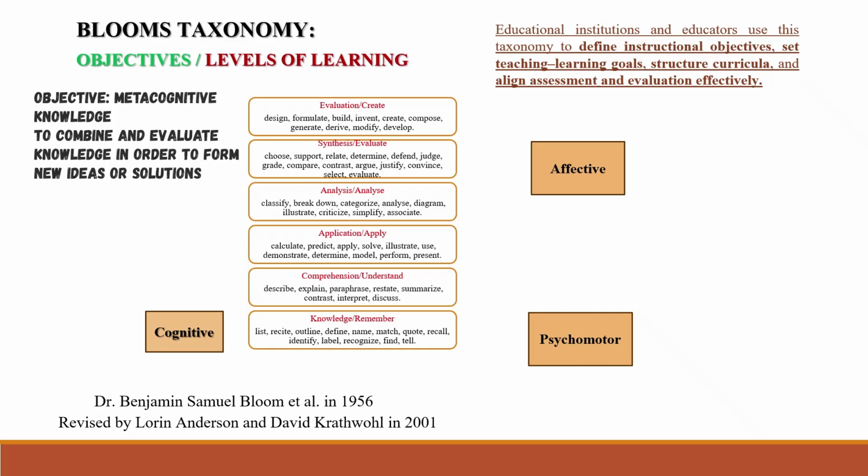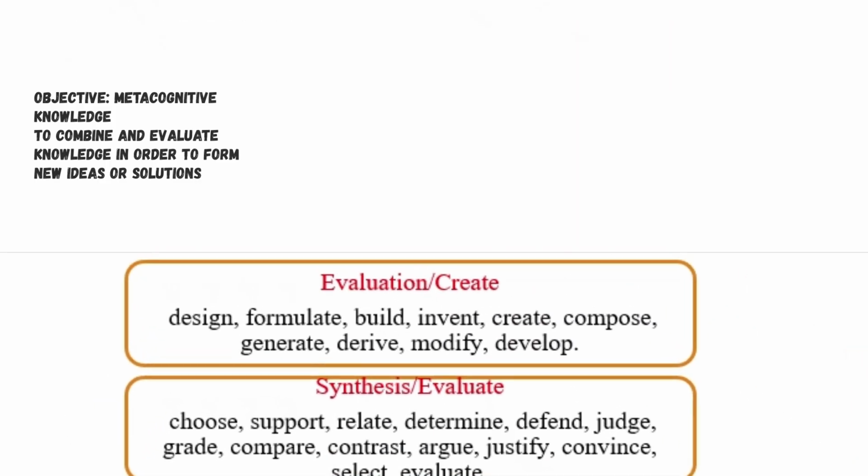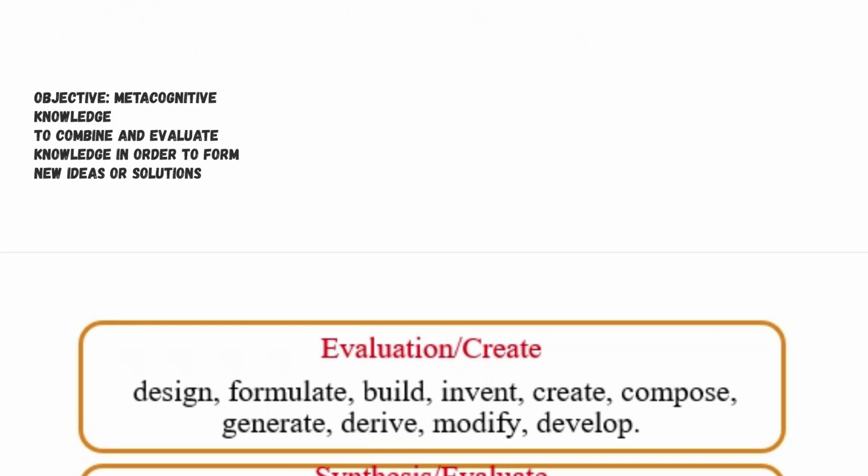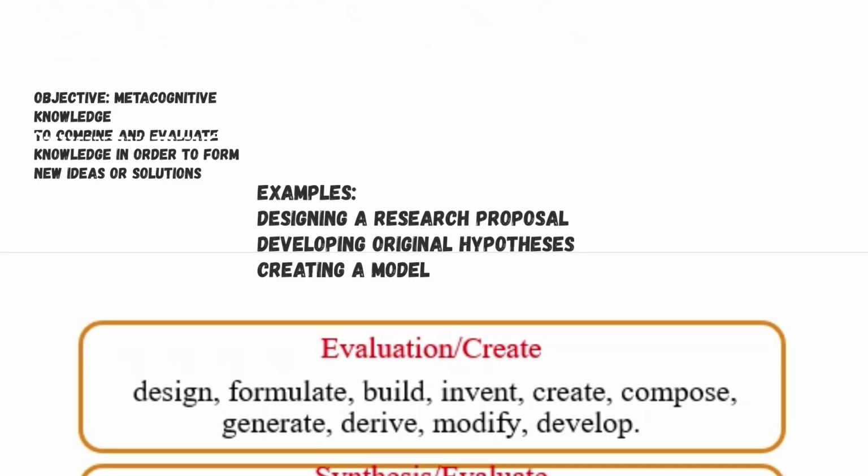At this stage, evaluations can be done using the terms design, formulate, build, invent, create, compose, generate, derive, modify, develop, and so on and so forth. For example, designing a research proposal, developing original hypothesis, creating a model, etc.